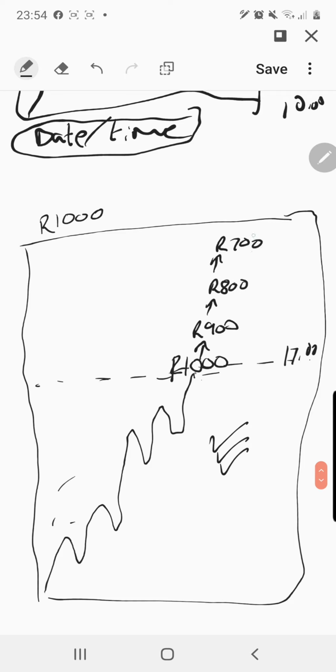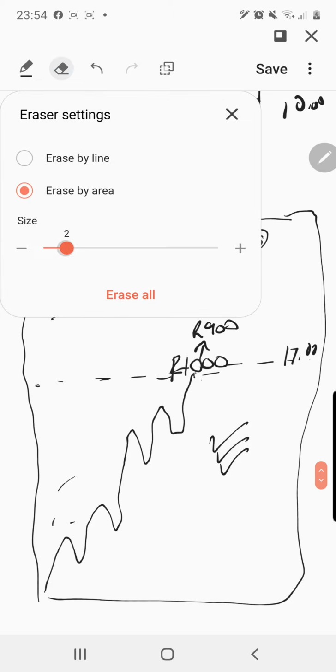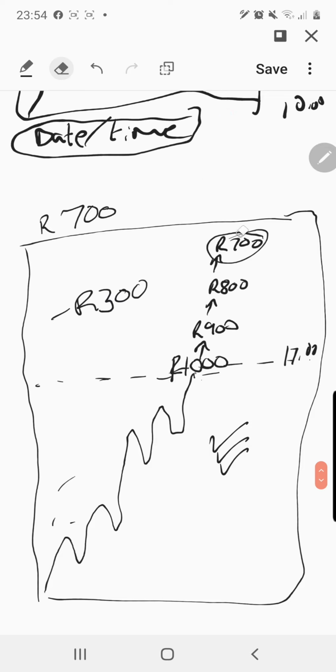But can you see that unlike in Lotto, I can say, okay, you know what, I was wrong. It's actually going up. Then I can stop at a loss of minus 300 and remain with a new balance of 700. And then with my new balance, I will then do what? Go and try again.